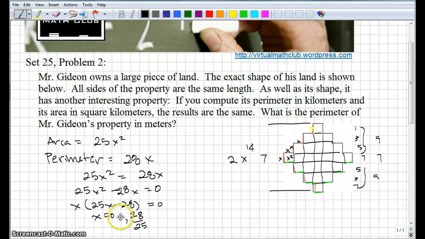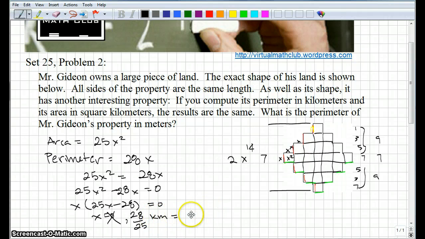But you know, if it's a piece of property, 0 just doesn't make sense. It wouldn't be a property if it had a side length of 0. So this is our side length, and this is in kilometers, right? Because the perimeter in kilometers and the area in square kilometers are the same. So we know that this is in kilometers.